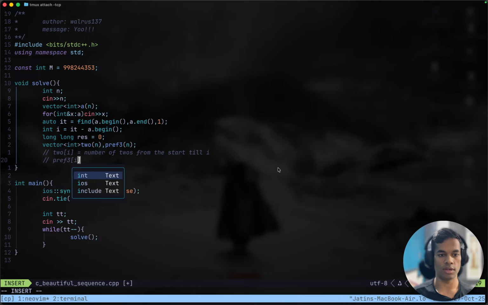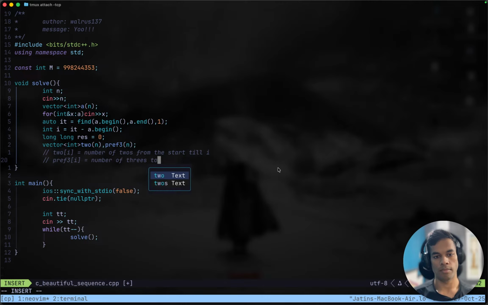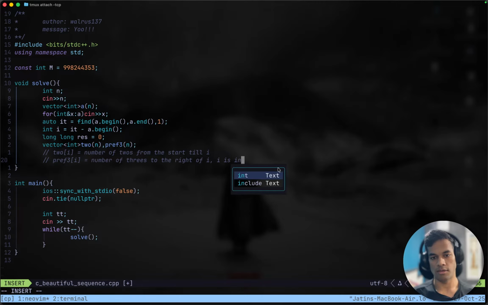And prefix 3i would be... So I don't think we need prefix 3i. We do need it. And this would be equal to the number of 3's to the right of i, and yes, i is included.